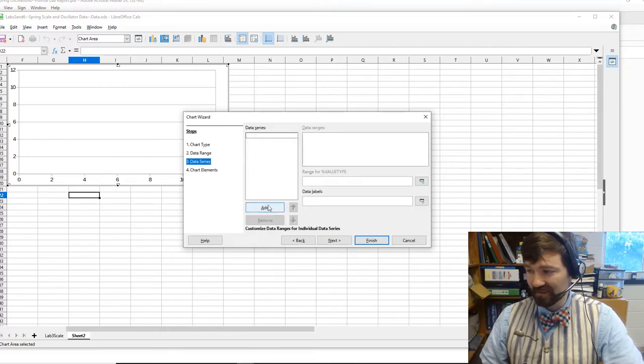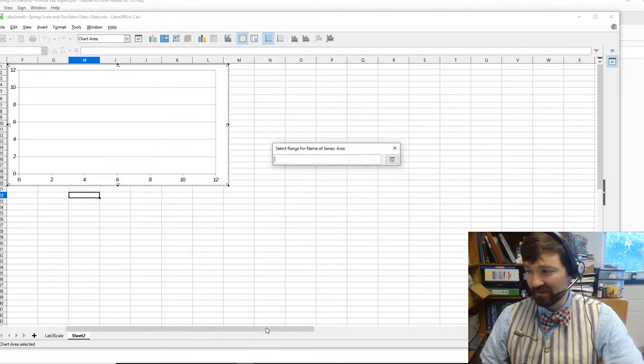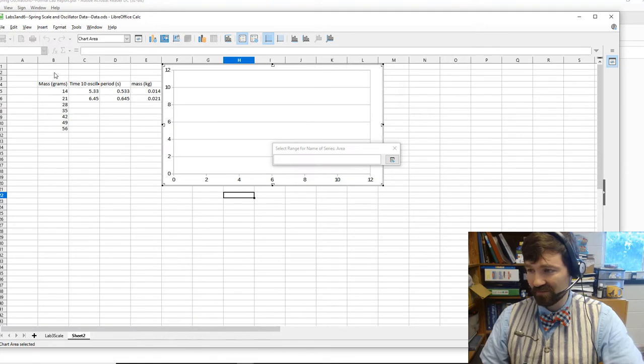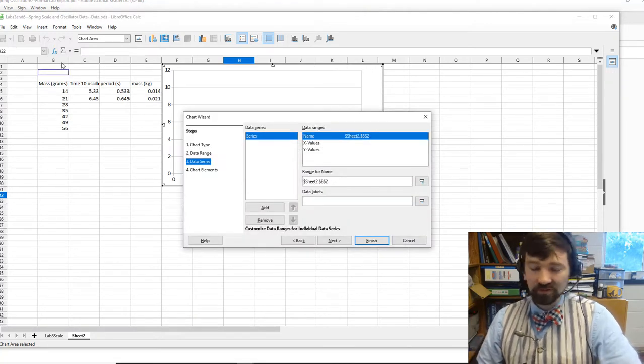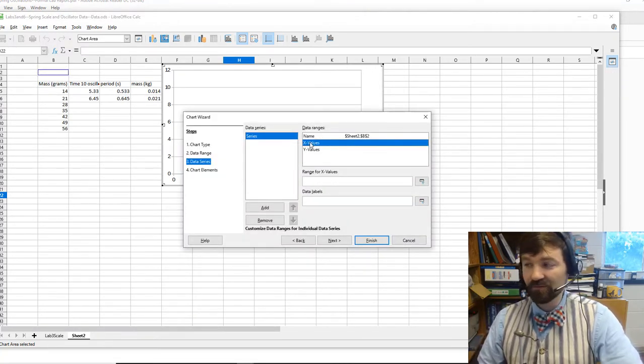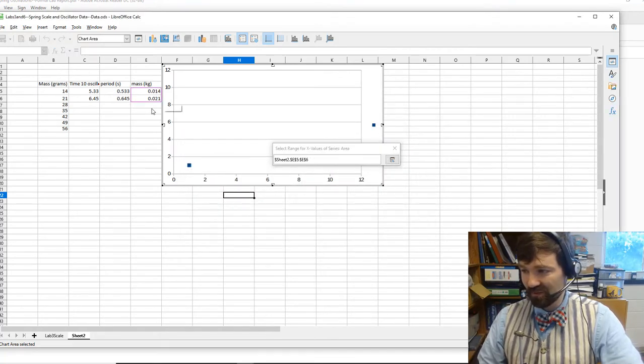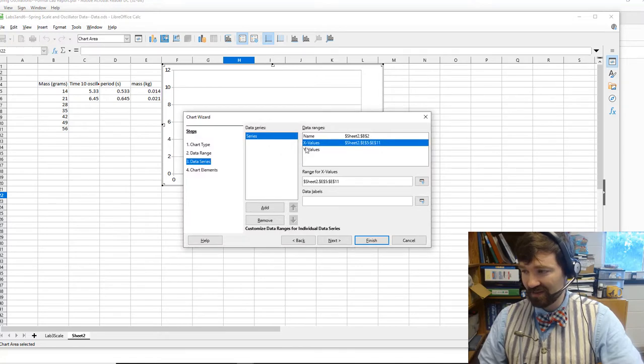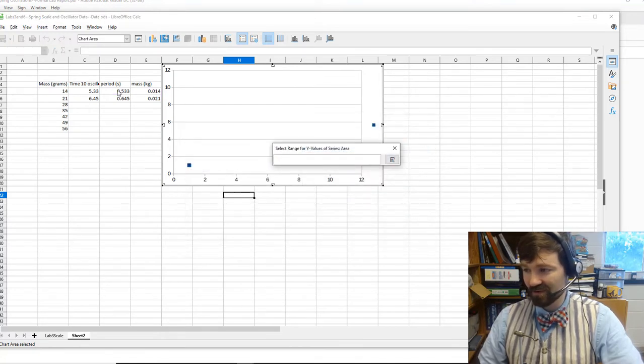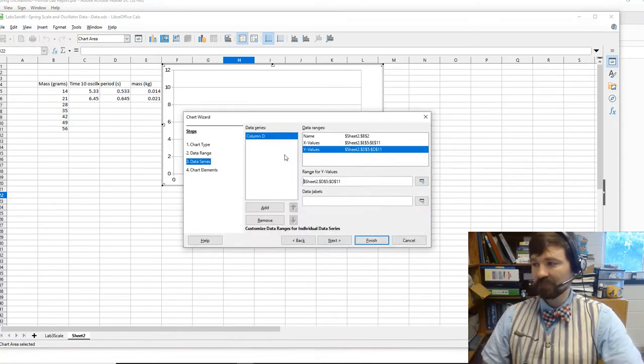I am selecting data, adding a series. You can add a name for the series by having something here like short spring or full length spring. Select the X values, so I wanted to put mass on the X axis. Select the Y values, that's going to be my period.